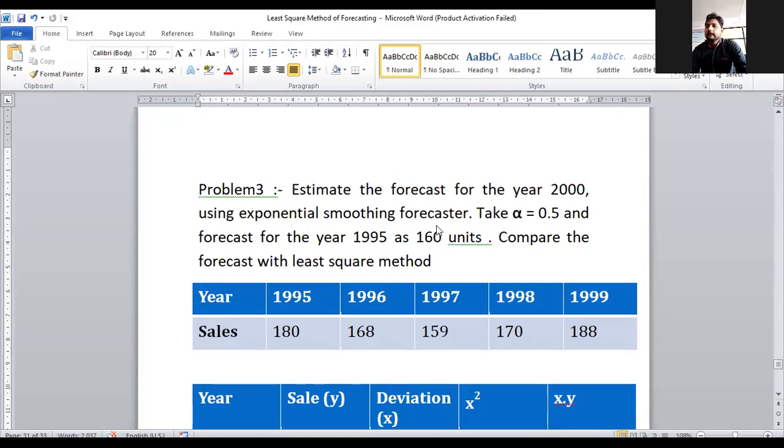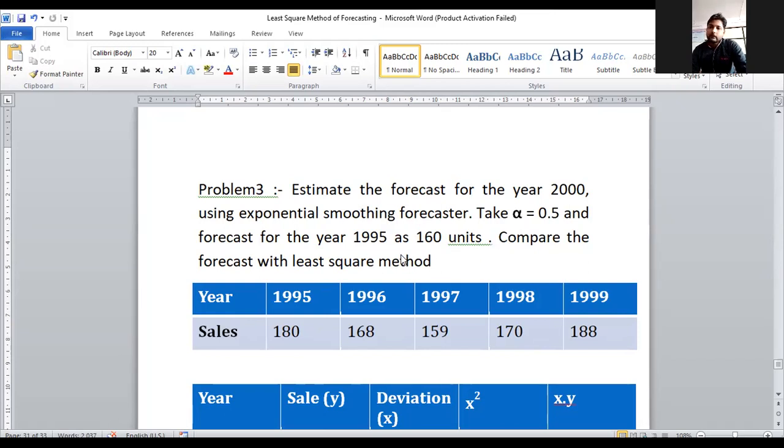Then in this problem we also have to apply the exponential smoothing method for forecasting the given data. For that purpose they have provided alpha is equal to 0.5.